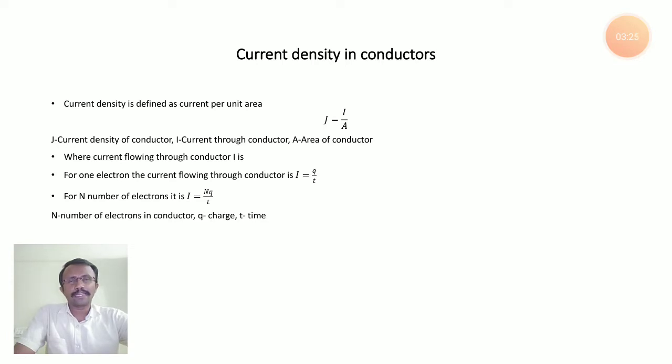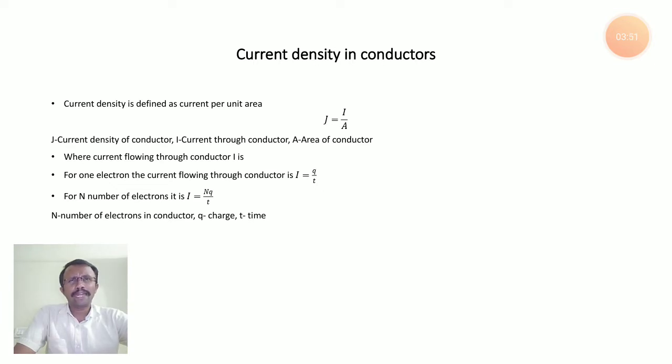For a conductor having capital N number of electrons, current I is equal to N times Q by T. Capital N is the number of electrons present in the conductor, Q is the charge of the electron, and T is the time.